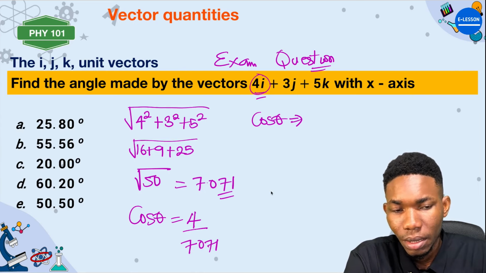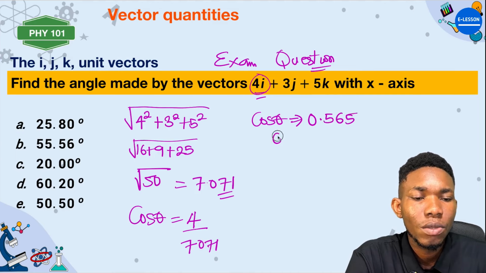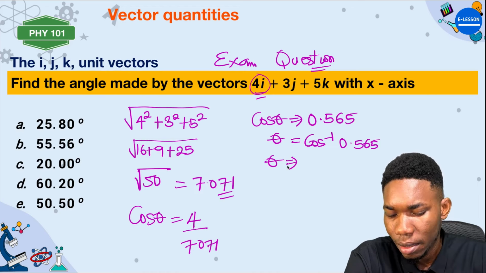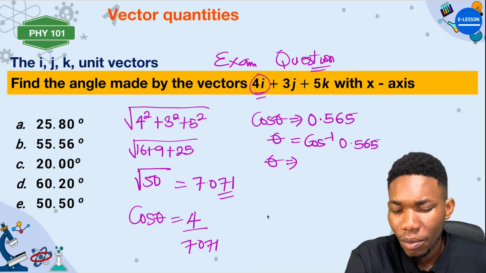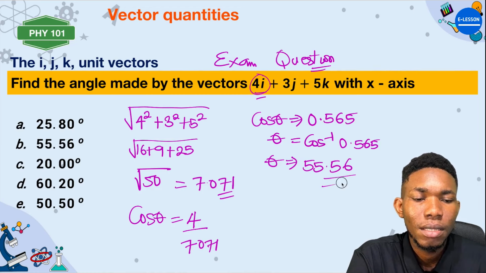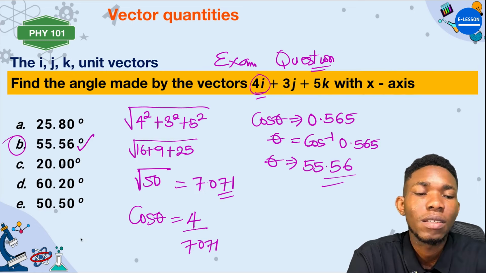What did you get? That gave us 0.565. So theta will be the cos inverse of 0.565. Cos inverse of this answer, shift cos answer, gave us 55.55 or approximately 56. So that is the correct answer to that question.